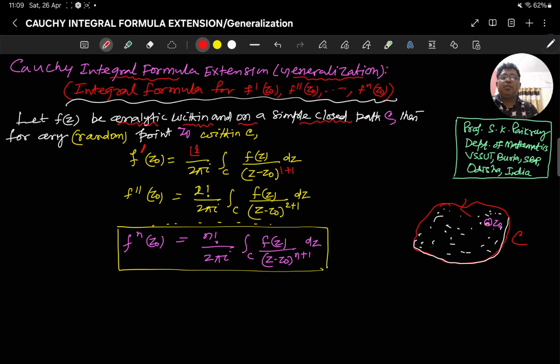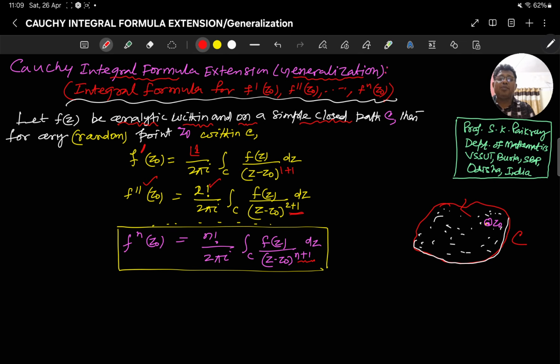When the power is 3, which is 2 plus 1, the second derivative is factorial 2 by 2 pi i times the integral over C of f(z) by (z minus z0) to the power 3. Likewise, if the power is n plus 1, then factorial n is multiplied.